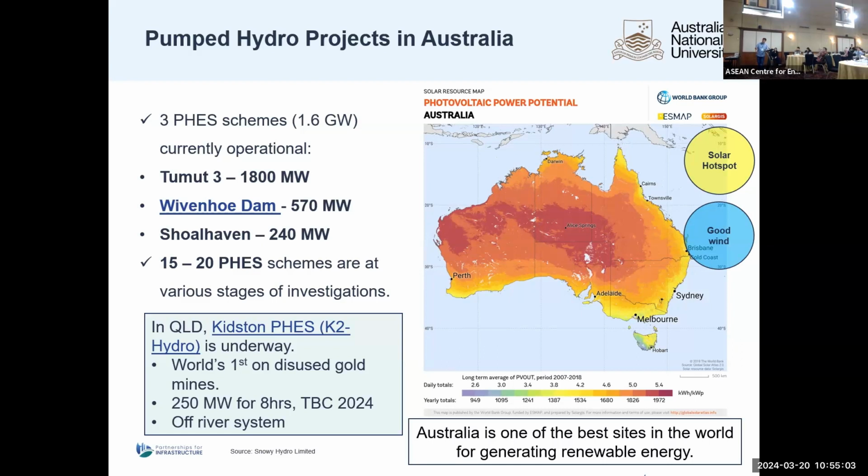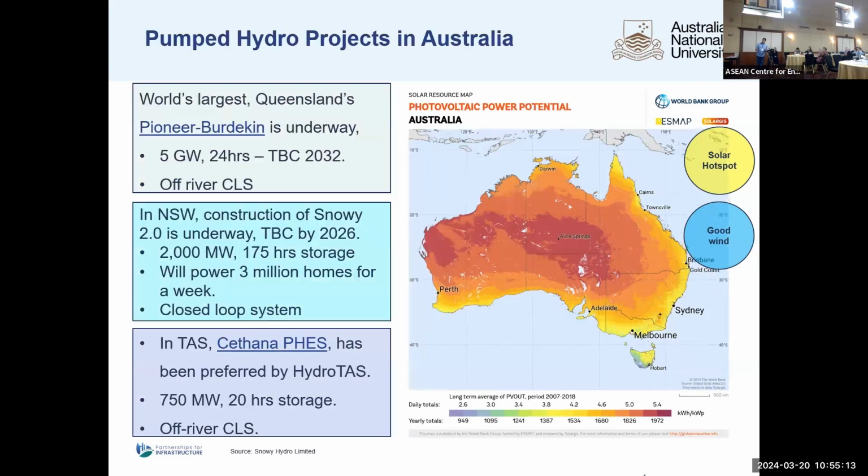Obviously, Australia is one of the best sites in the world for generating renewables. We have really good solar power capacity as well as wind. Further, the world's largest pumped hydro is going to be built in Queensland.